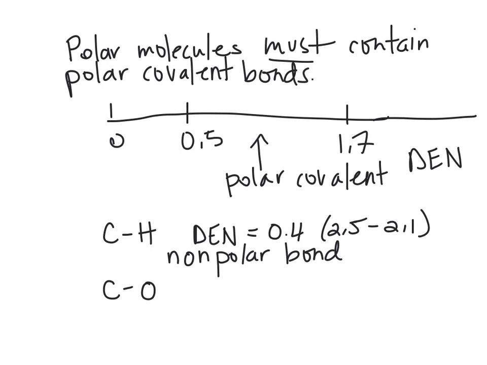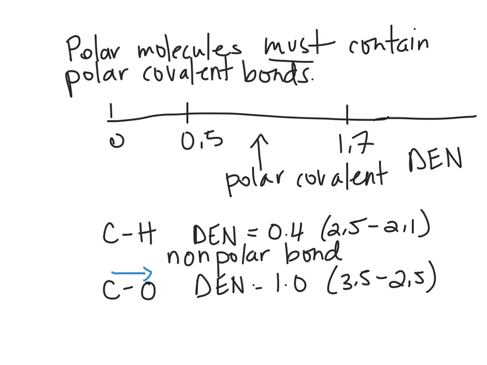However, a CO bond has a difference of electronegativity of 1.0, oxygen minus carbon. So this is a polar covalent bond. To draw polar covalent bonds, you draw an arrow pointing in the direction of the atom with the strongest electronegativity.